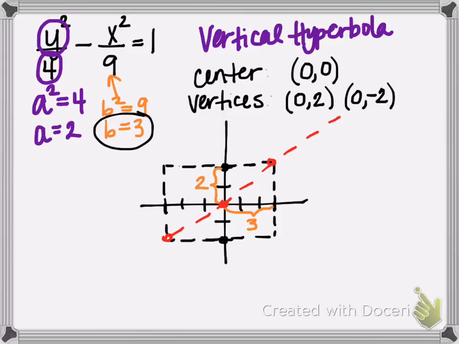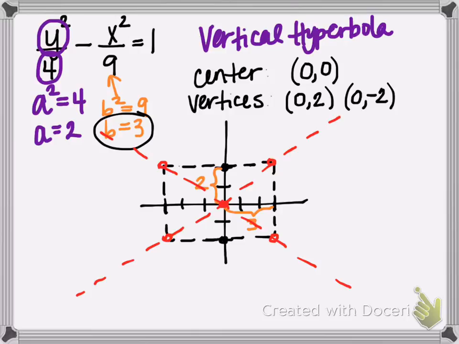But if you connect those 3 points with a dotted line, you have one of your asymptotes. Likewise, the other corner, the center, and then the opposite corner of the rectangle is going to allow you to graph your second asymptote. It's just an easy way to graph the asymptotes without actually measuring.